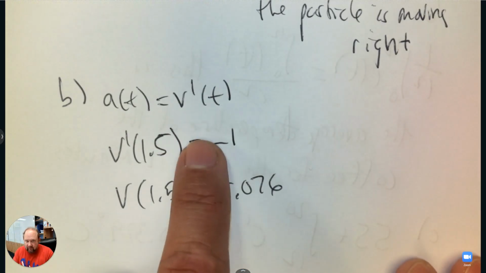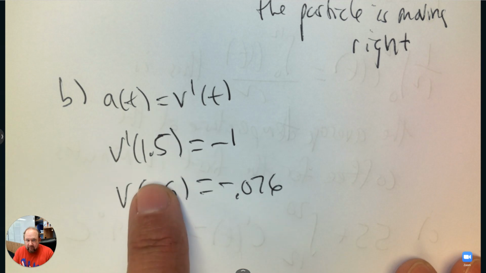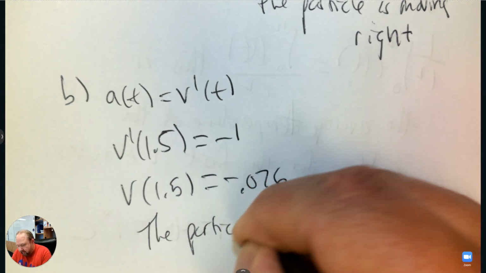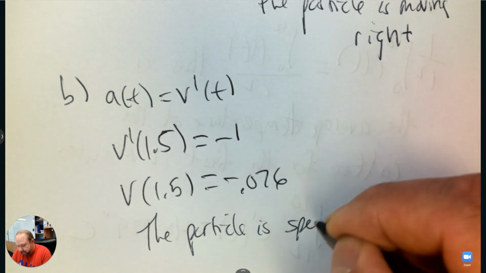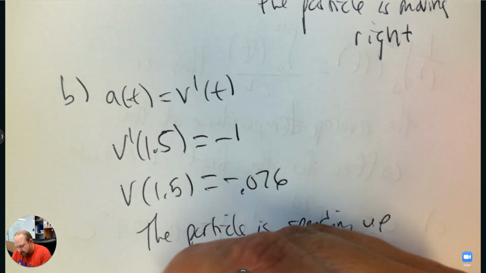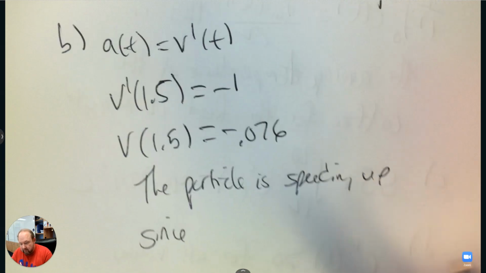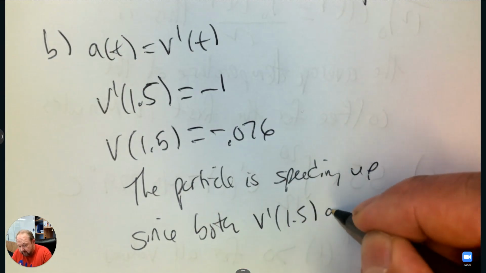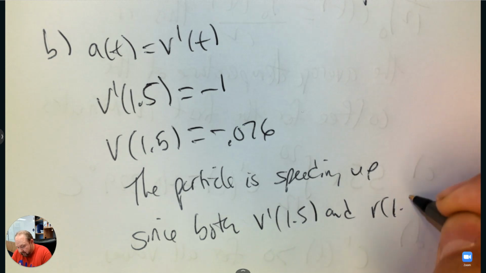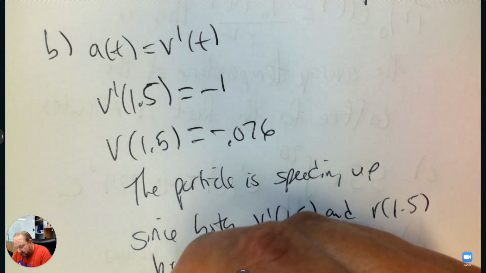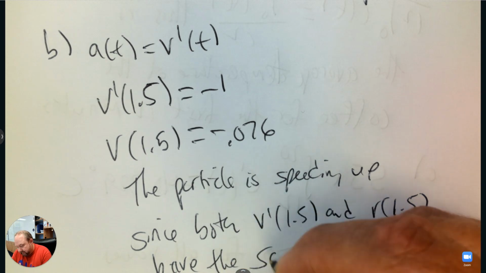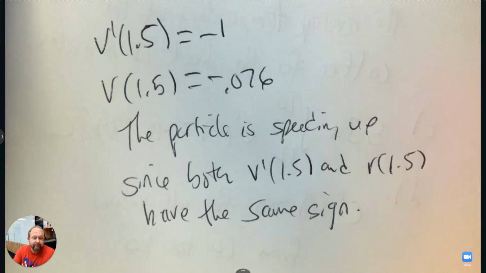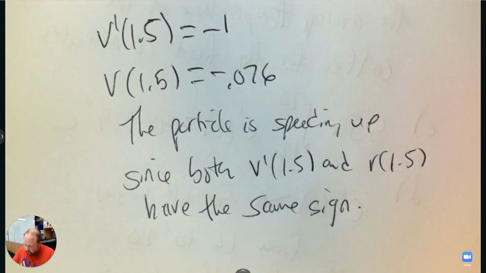What do you notice about the acceleration and the velocity at 1.5? They're the same sign. So that means the particle is speeding up, since both the acceleration and the velocity are negative. That's how you know.